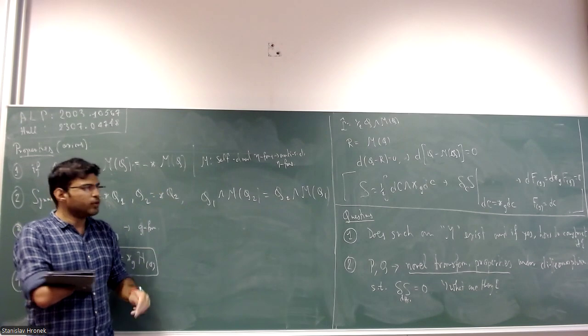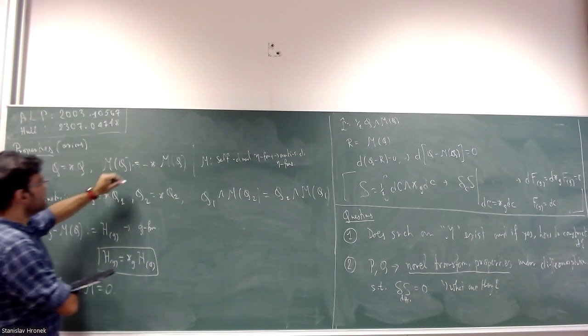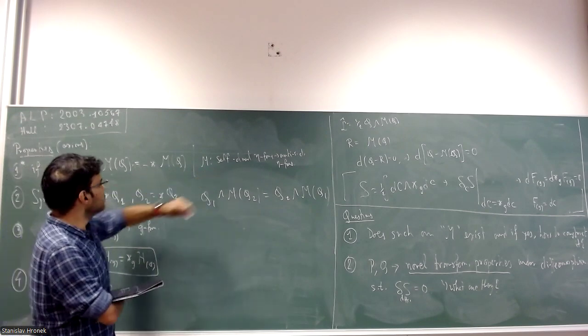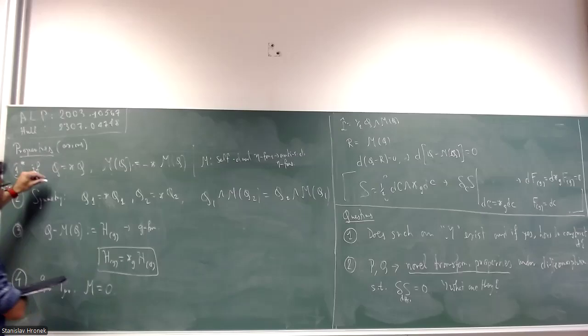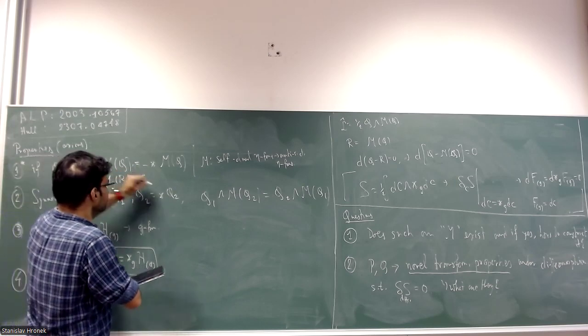And the extension is somewhat trivial. So let me call it 1 star, which is that if this is self-dual, then this maps to an anti-self-dual thing. If there is an anti-self-dual eta form, then M's action on this is 0.